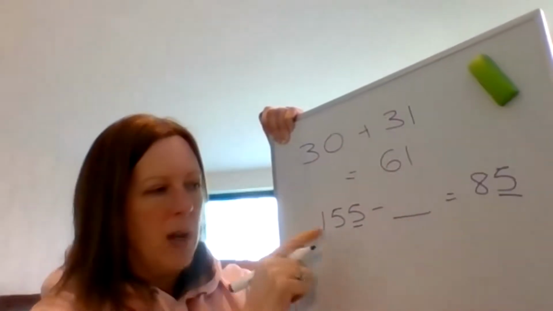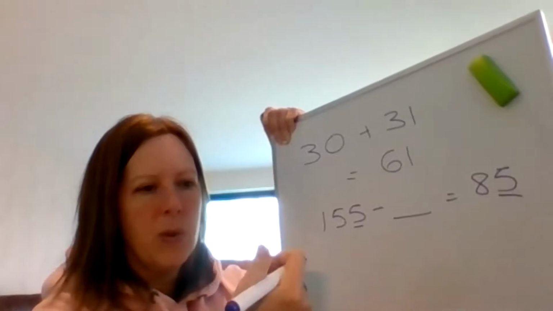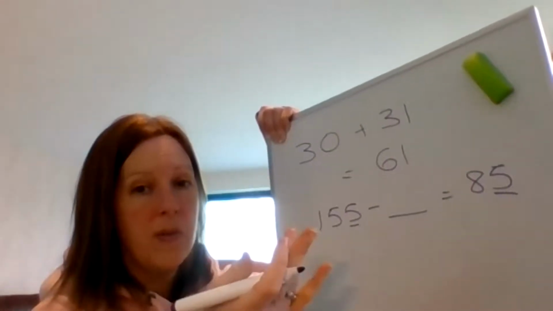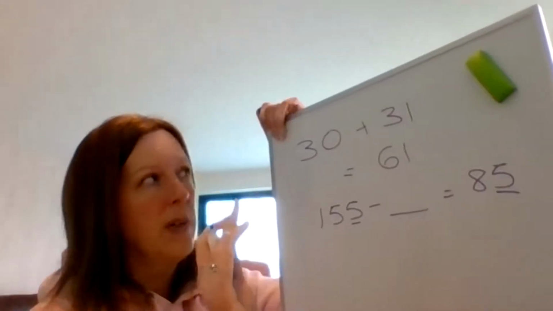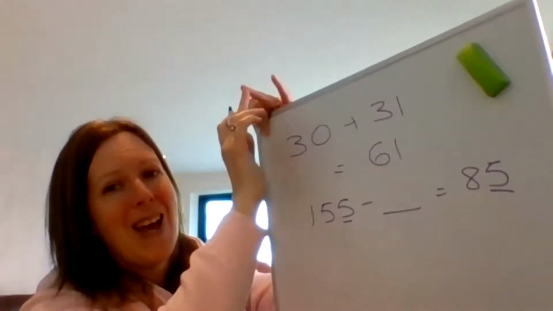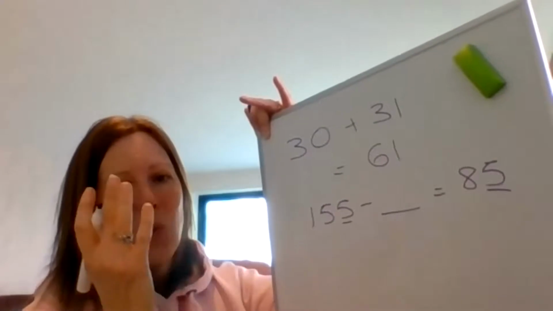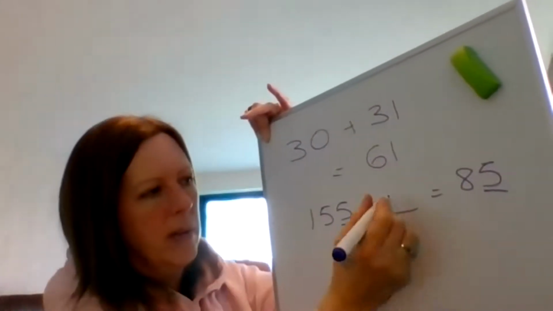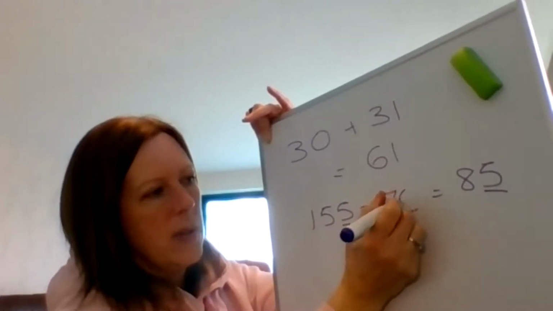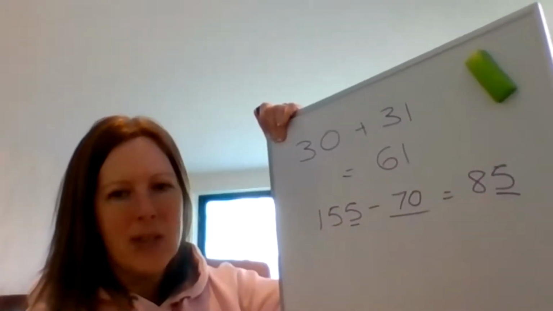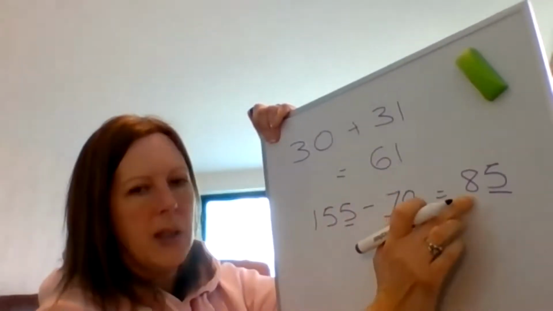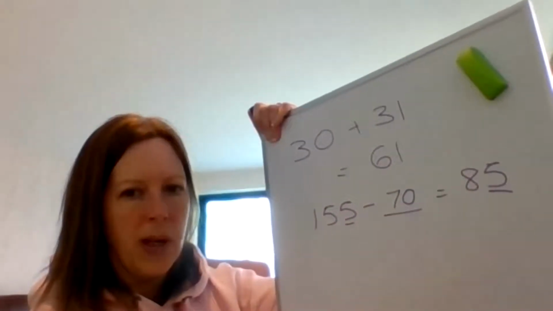So 155, 145, 135, 125, 115, 105, 95, and 85. So that was 7 tens that I counted back in there. So 7 tens means I've taken 70 away. So 155 take away 70 gives me my 85 there.